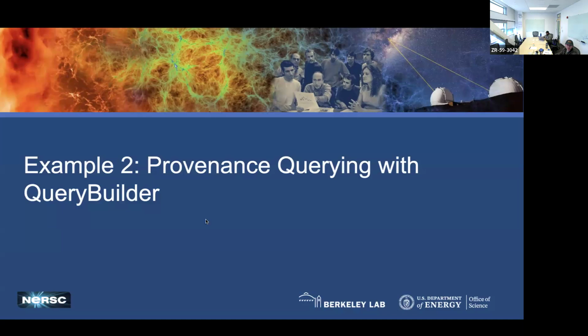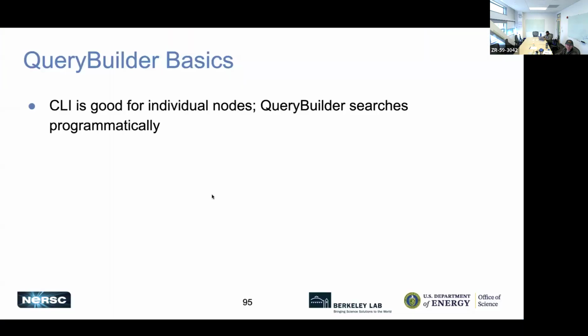Okay, query builder. So the easiest and most accessible way to look into that is the command line interface, but you're a human typing things on the terminal prompt, you have a limited capacity to do that. Query builder is the interface for writing programmatic tools to do that for you if you want more information and then to aggregate it somehow.